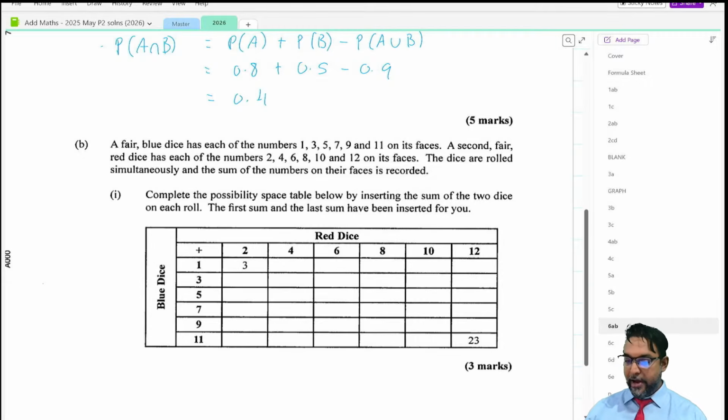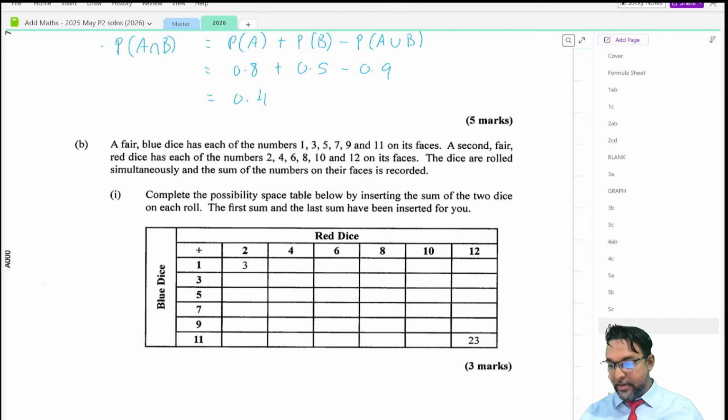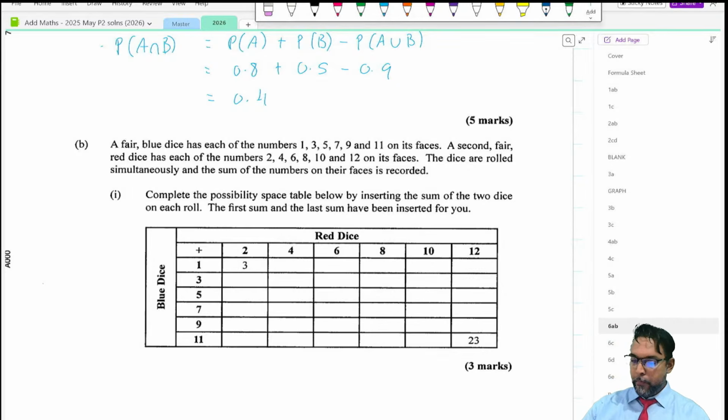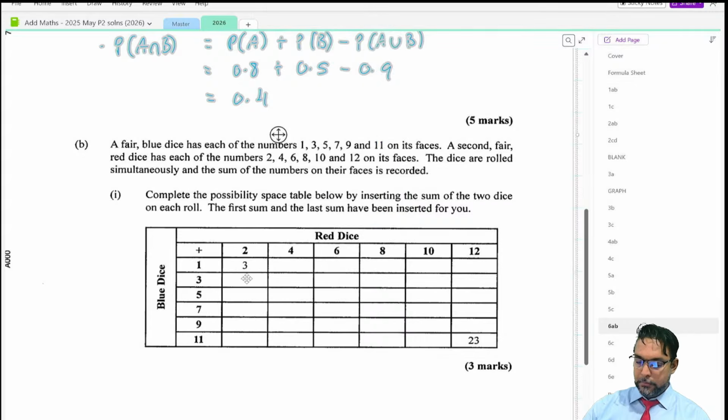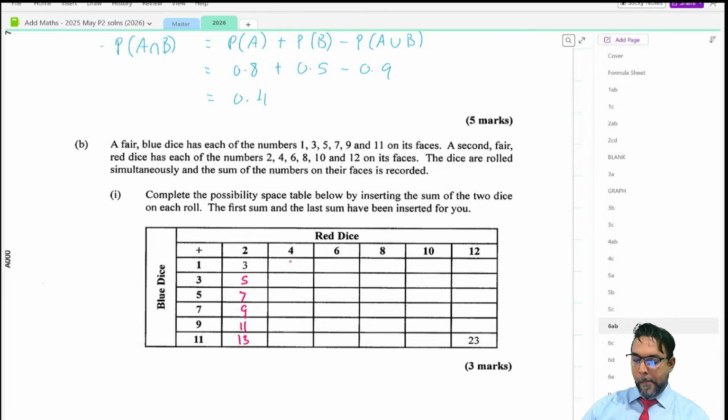A fair blue die. The dice. Okay, the sample space table, right? No problem, we could do that. So then what do we do after this? Now you do the division thing and then you find your remainder. For 2 marks?